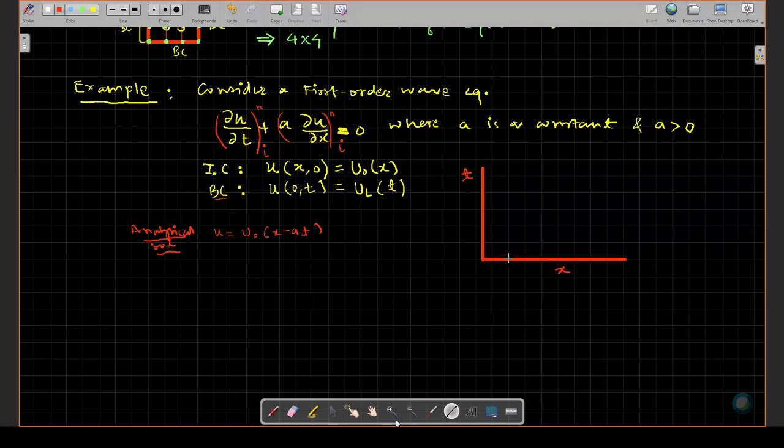I'm drawing one straight line, and say we are considering uniform grids only, so all delta x's are the same. Now there will be time levels also.